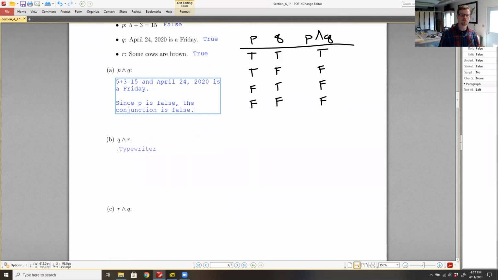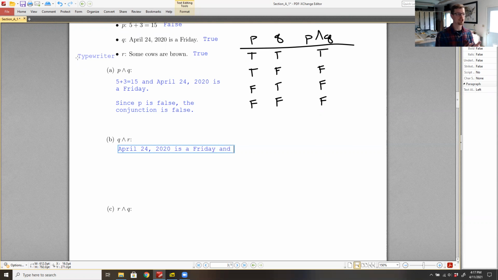So what about Q and R? Well, Q is that April 24th, 2020 is a Friday. And that's the connective we're working with here. Conjunction combines two statements with the word "and".